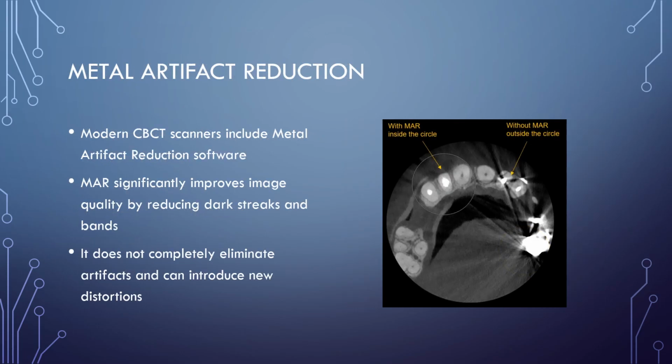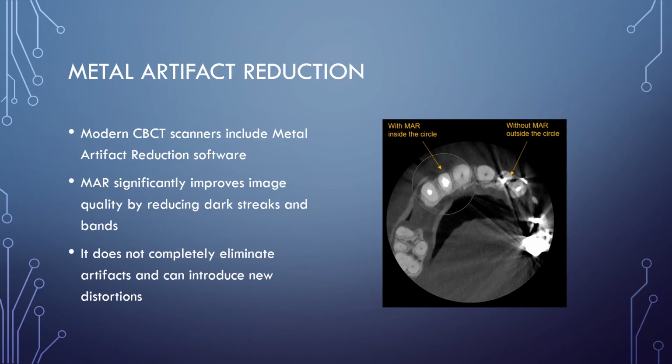To combat the severe diagnostic challenges posed by dense metallic restorations and root canal filling materials, many modern CBCT scanners come equipped with specialized software algorithms known as metal artifact reduction, or MAR.